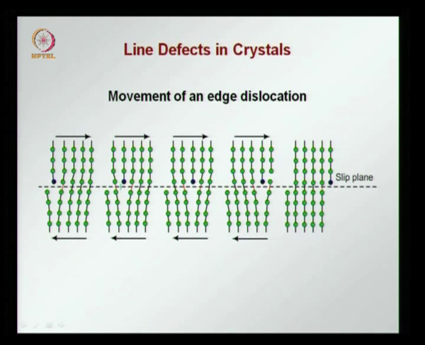So in each step we have one bond lost and one bond created. This dislocation slips until it reaches an edge. The dashed line is called the slip plane. This gives rise to yielding and shearing within a crystal, for example in a metal.